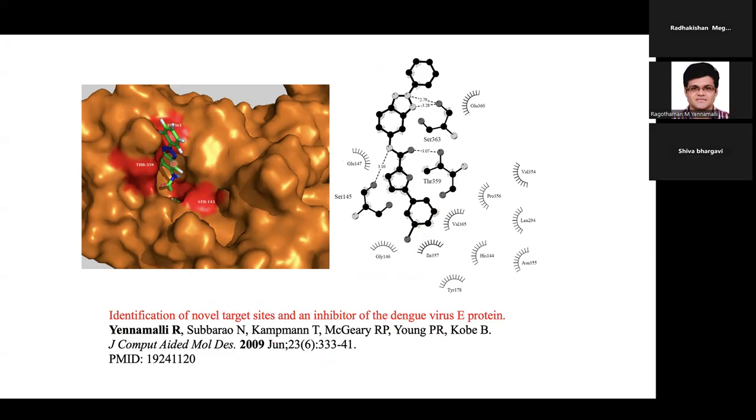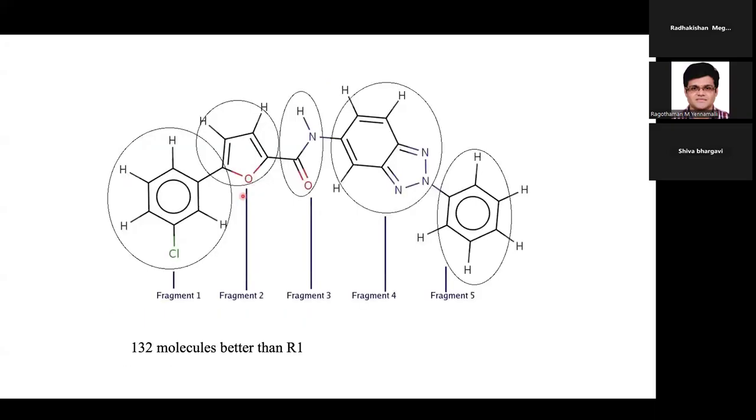And what you see here is the validation part of the docked complex, showing which residues it's making an interaction with. And comparing with your own molecules is not enough. You have to compare with existing antivirals if there are. But since this was the first fusion inhibitor that was designed, we did not have any comparison, but future work did show, and I'll show you that.